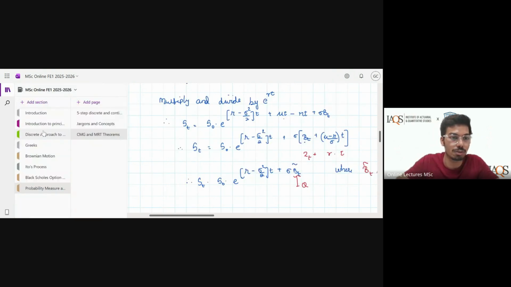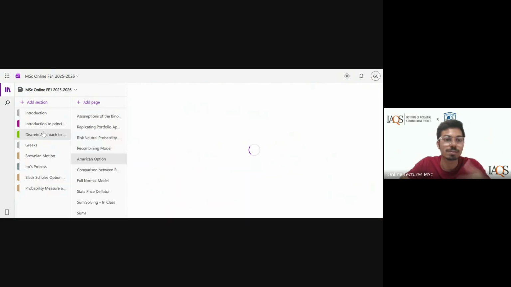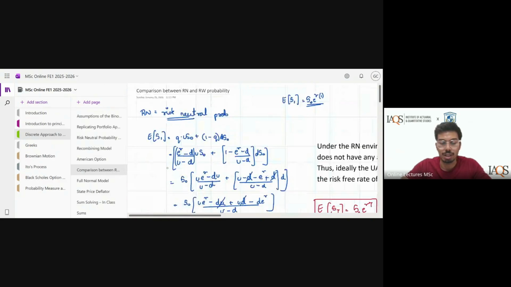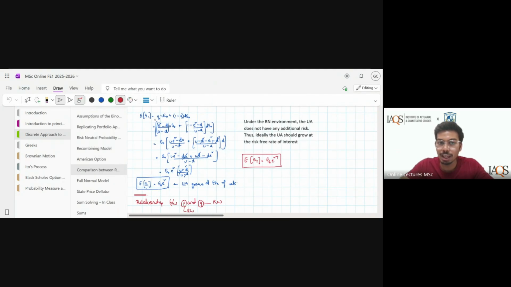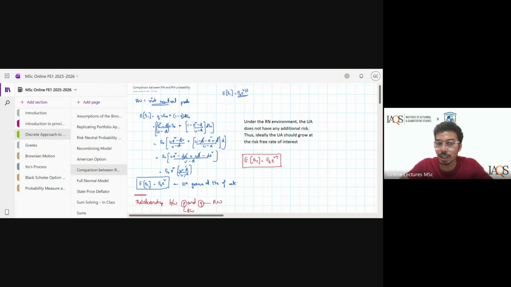Let me show that also, at this comparison. So here we had done two things. P is greater than Q, and under risk neutral probability we had proved expectation of S1 is equal to S0 into e raised to r. So I know under risk neutral probability, my underlying asset grows at the risk-free rate. That is what we proved over here.